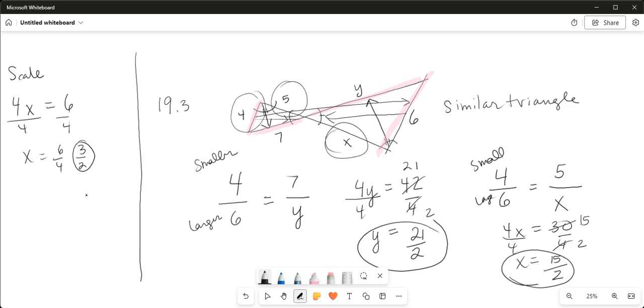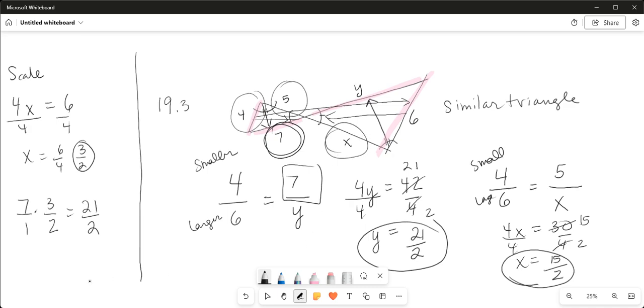So 3/2. Now I can use that to multiply times the 7 on the smaller triangle, 7 times 3/2, and that will give me 21/2 for y.